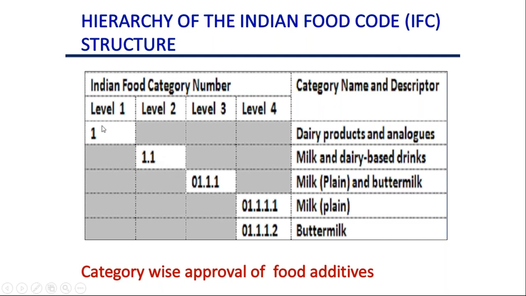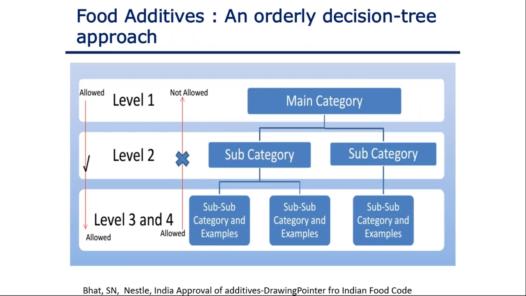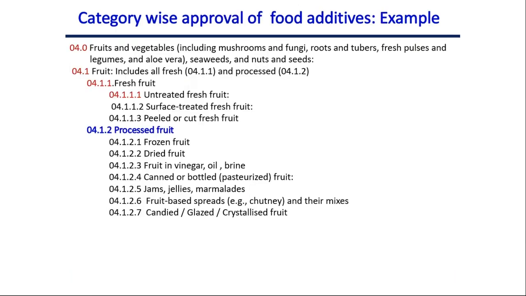So this is the decision tree approach. If it is allowed in the main category, it is allowed in all the categories below. If it is allowed in a lower category, it is not allowed in the categories above it. So, category-wise approval of food additives.